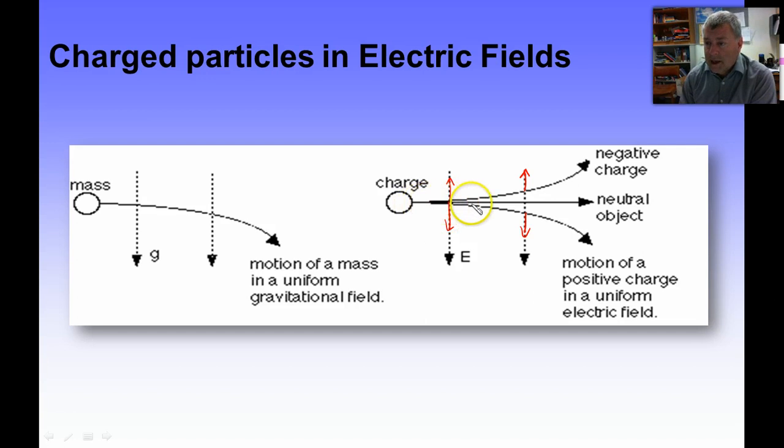So in this case, if the plate was down here and this charge was positive, it would eventually hit the plate, because it's always accelerating, because it's experiencing a force, F equals ma, so it's accelerating towards the plate.